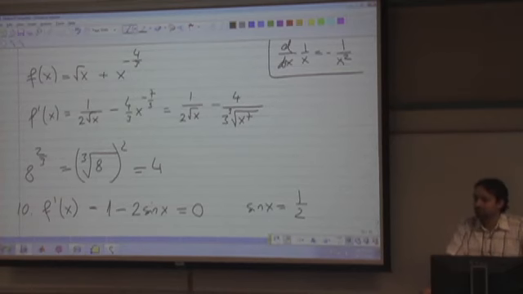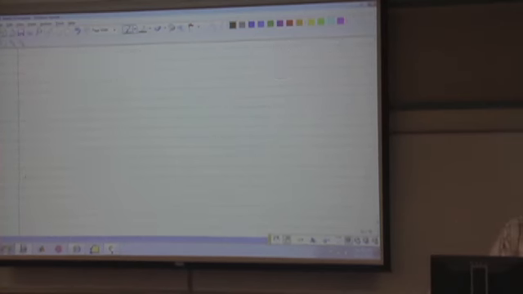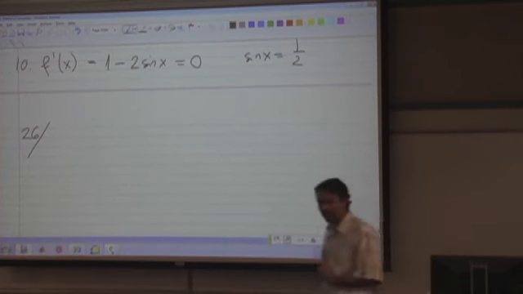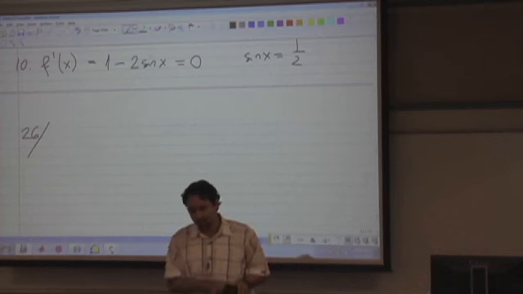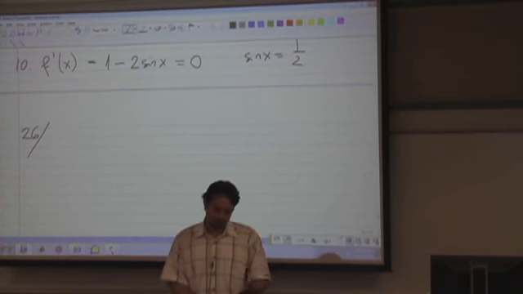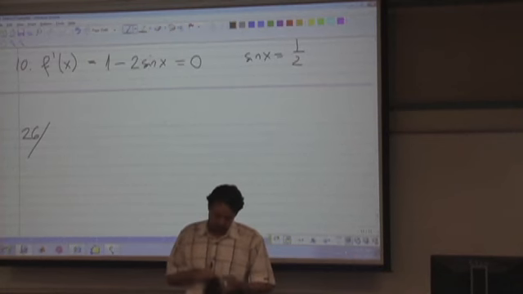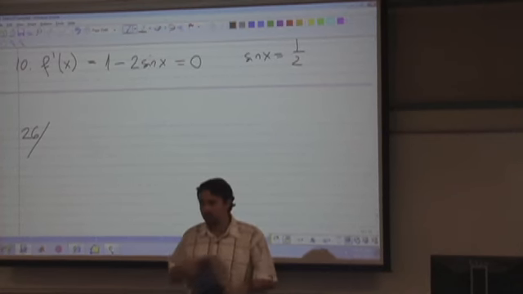Homework? Yeah. We just did an example of it, but number 26, it was find the equation of the tangent and the equation of the normal. I got to the tangent, but for some reason I'm having a hard time figuring out what the normal would be. Well, the only difference from the tangent to the normal is, instead of 12, like you have, it's minus 1 over 12. Okay. Remember, the normal goes through the exact same point.